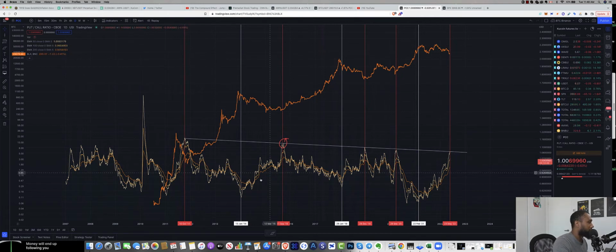And mind you, every time we've come down to around these levels, which I've indicated in white, normally we've already passed the cycle peak, right? So here we passed the cycle peak, here we passed the cycle peak, here it's not valid for this one. We were close to the cycle peak around here.